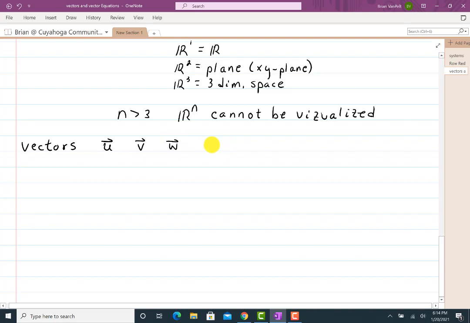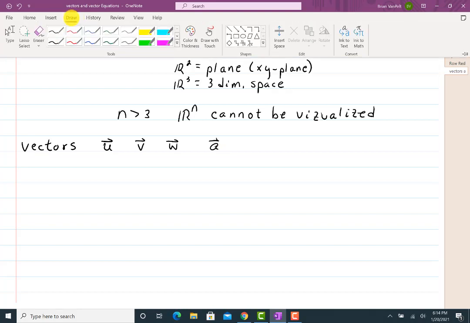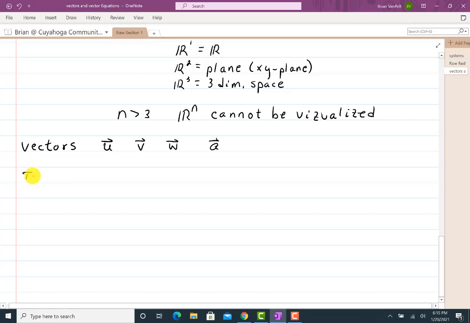So anytime you see any kind of a lowercase letter with an arrow on top of it, I'm talking about a vector. Now textbooks don't do this for the most part. Textbook vectors look like the following.